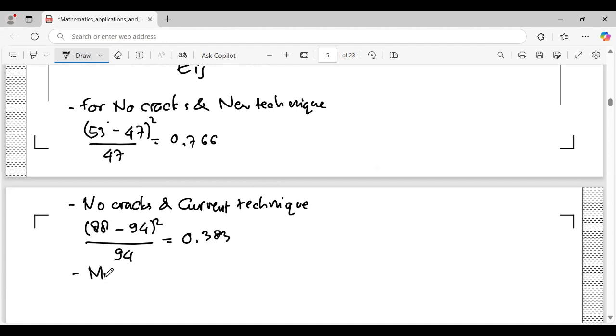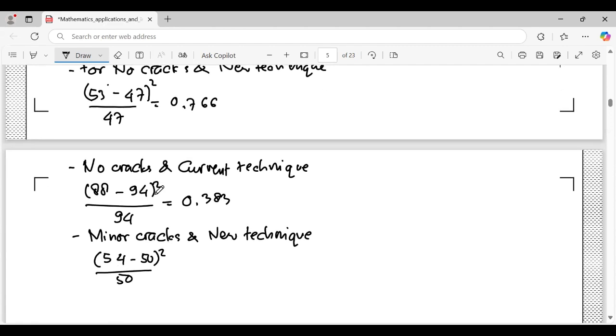Then minor cracks and new technique. 54 minus 50 squared over 50, and the result is 0.32.